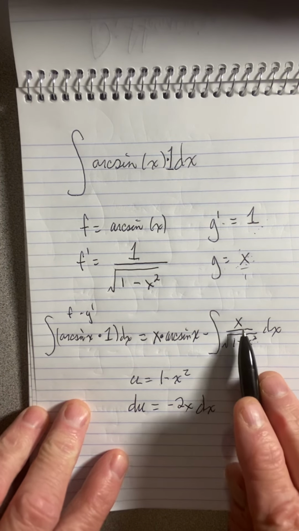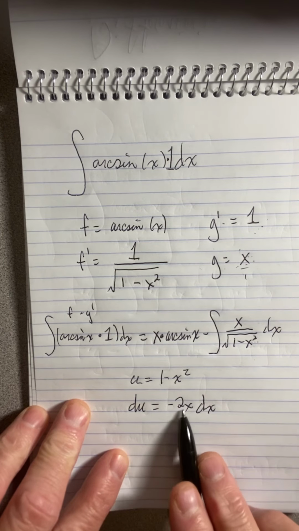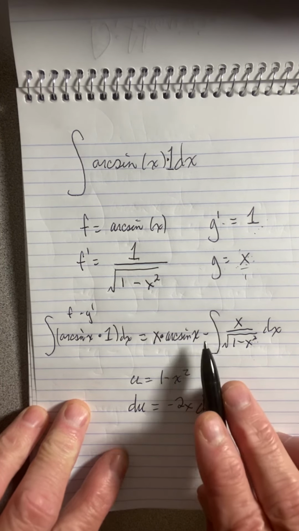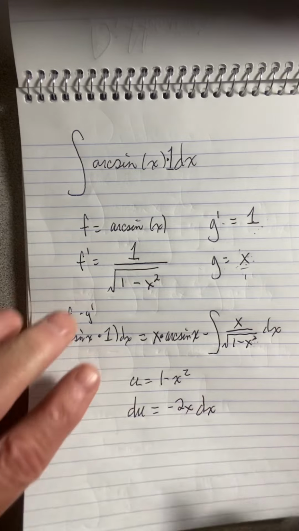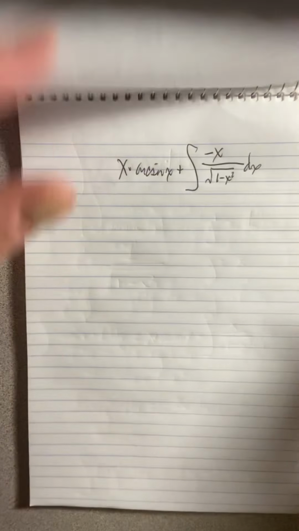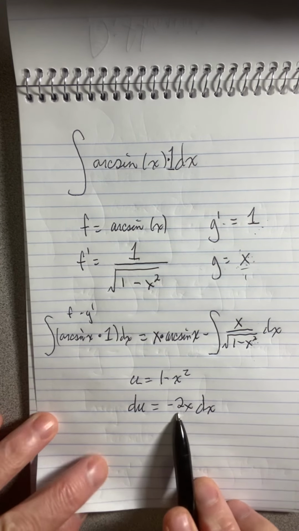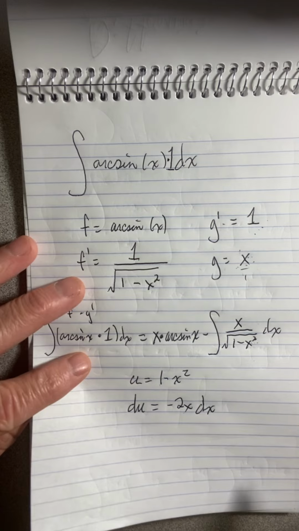Now, my function doesn't have a negative 2. It has a negative. So maybe what we could do is change that negative to plus a negative. So now that's a little closer, but we still have a 2. What could we do about that?